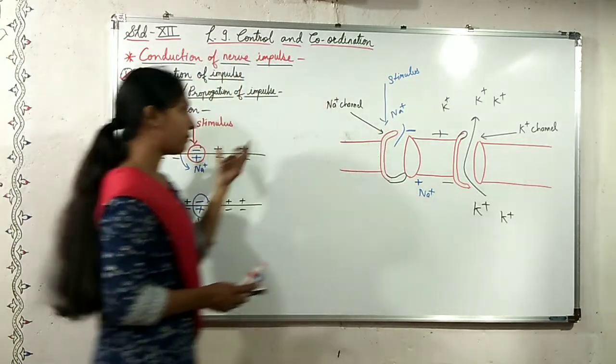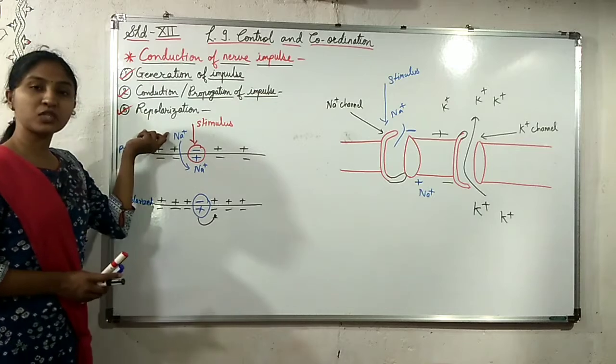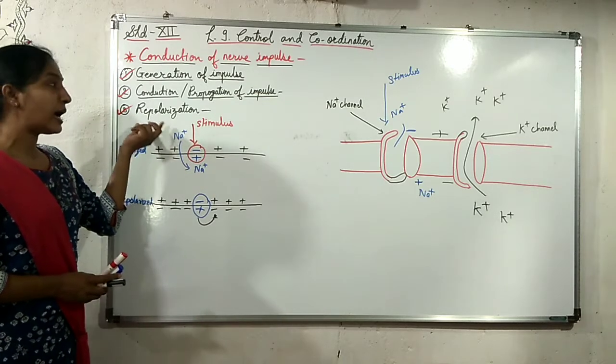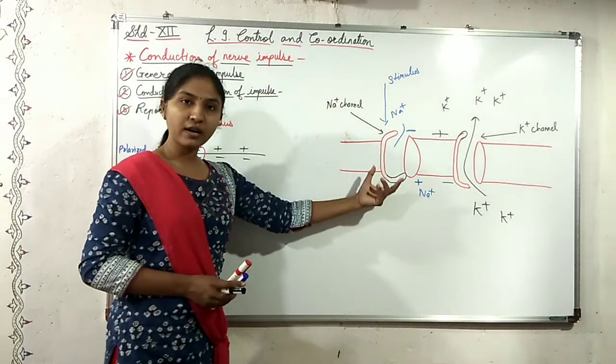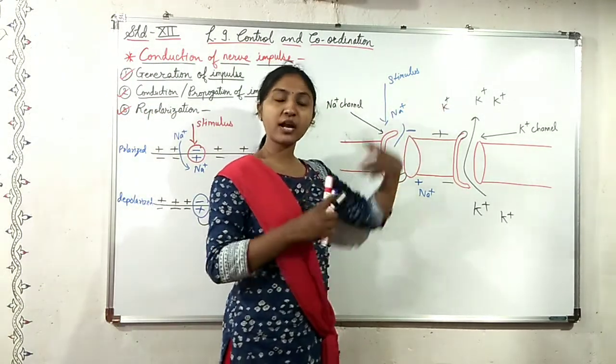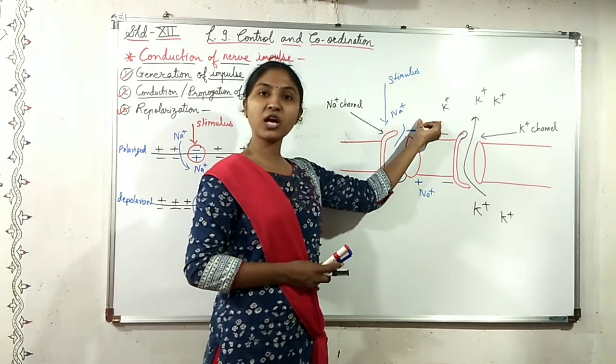At the beginning, when the membrane was polarized, the positive charge was because of sodium ions. After the repolarization, the outer side of the membrane gains the positive charge again.